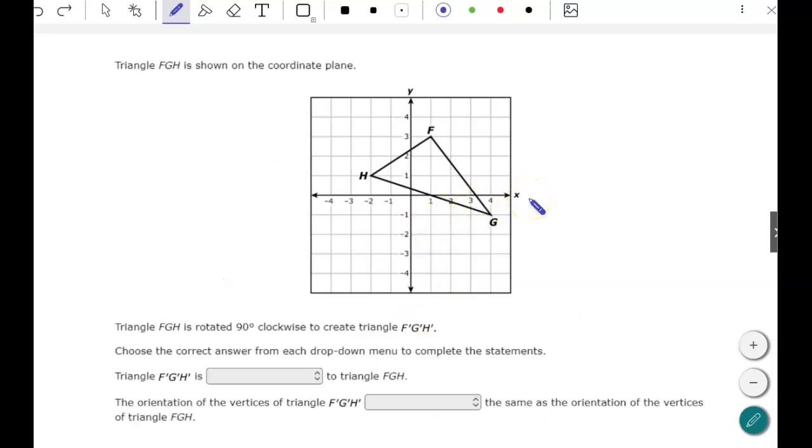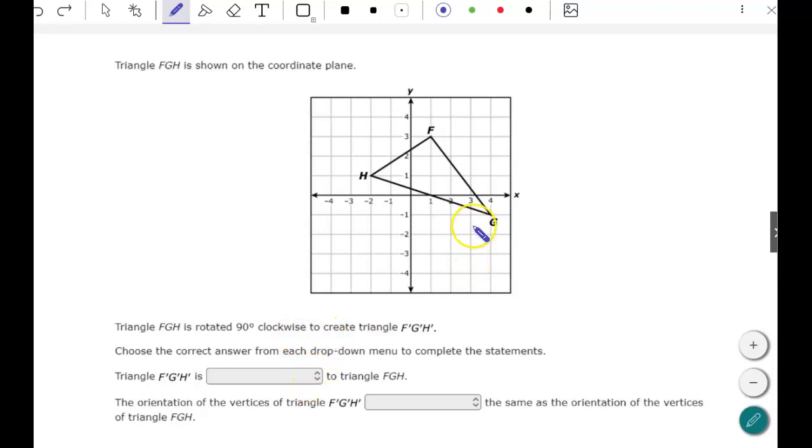So you have a triangle, it's shown. The triangle is rotated 90 degrees clockwise to create the new one. Choose the correct answer from each drop-down menu to complete the statements. So this one, the choices are like congruent, not congruent.